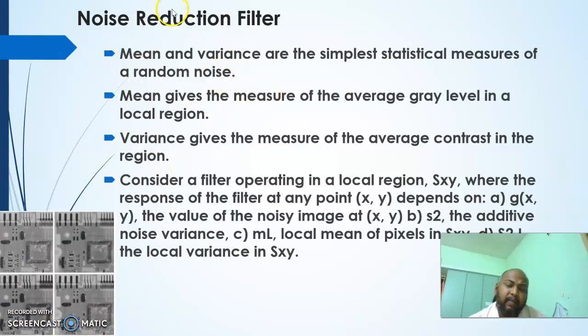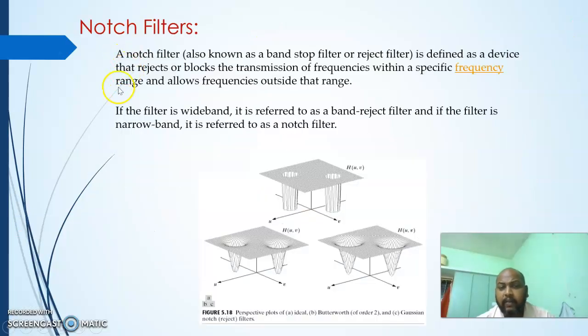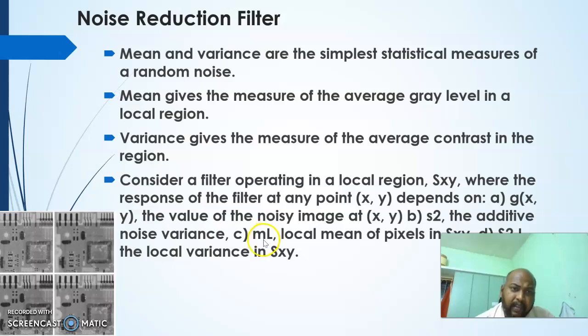In restoration, the mean and variance are the simplest statistics used. The mean gives a measure of the average grayscale level in a local area, and variance gives a measure of the average contrast in the region. This is the scenario with noise reduction filters.